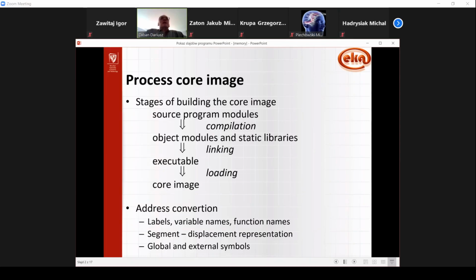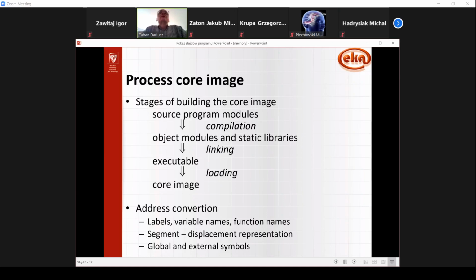Okay, once you do all this matching, you will find out that there are still some external references in your source code. So even though you have already combined all your source program modules, you still see that there are some references missing.